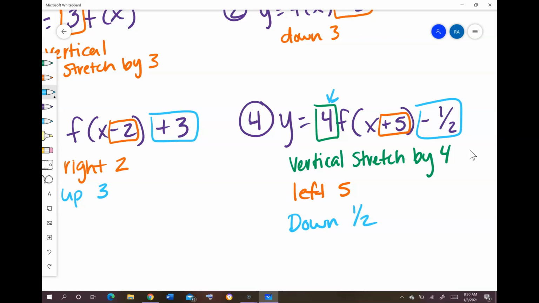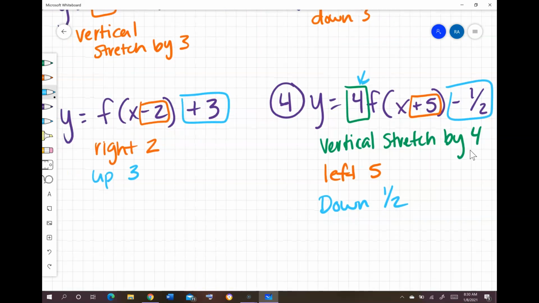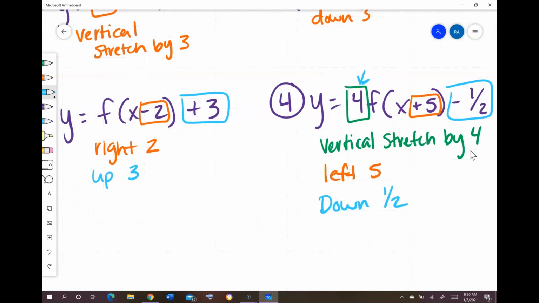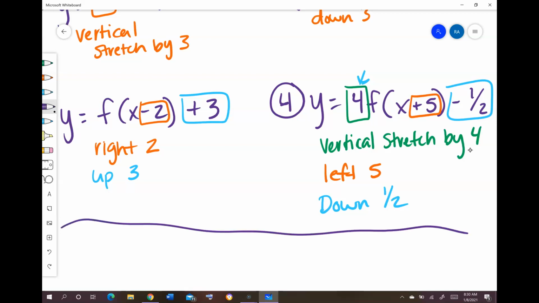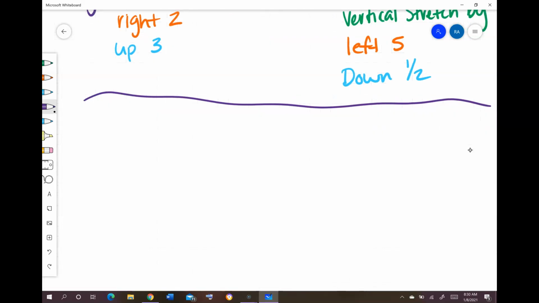Okay? All right, so now that you know function notation, you guys can literally apply this to any function. I could give you some random off-the-wall function, and you should be able to do it, okay? If you just keep your simple basic rules that I just showed you. So say I gave you y equals the absolute value of x plus 2 minus 3. Keep those rules in mind. The function is the absolute value, okay?